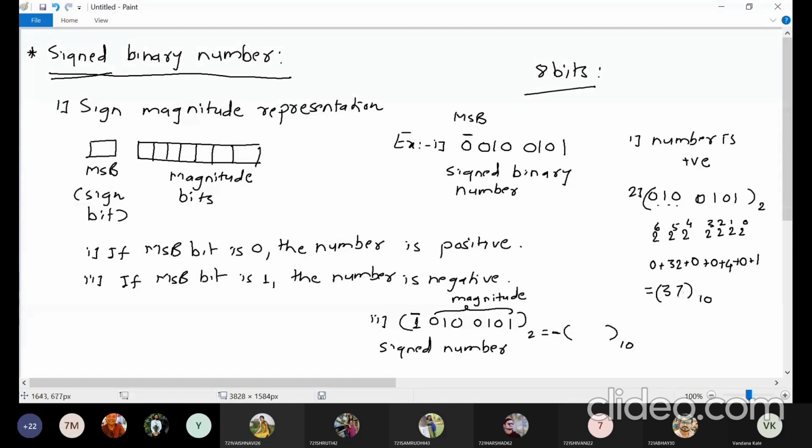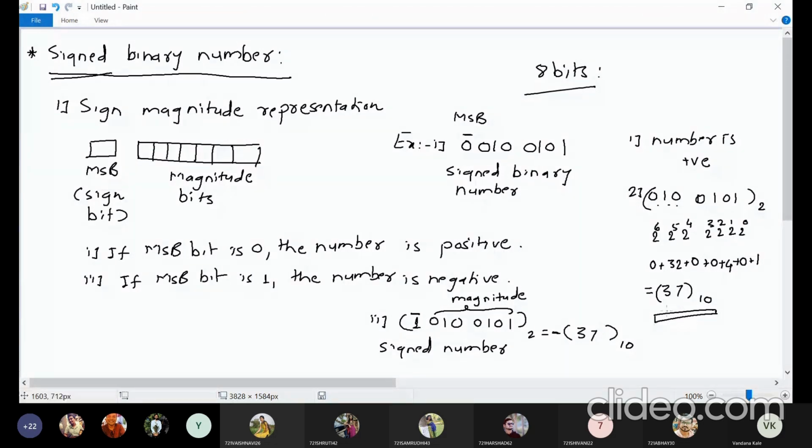So suppose I have to represent plus 37, a decimal number, in binary representation. In the reverse way, I will calculate its binary equivalent with the MSB bit as 0, and that will be its binary representation.